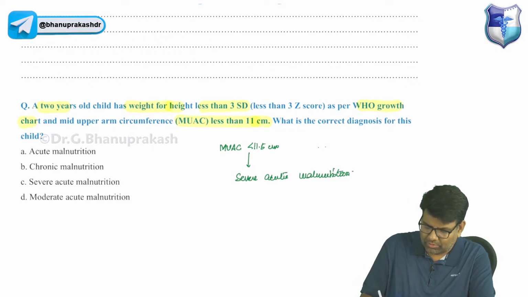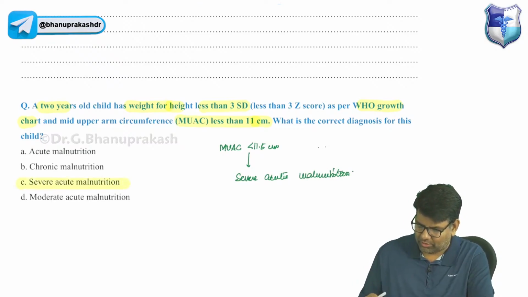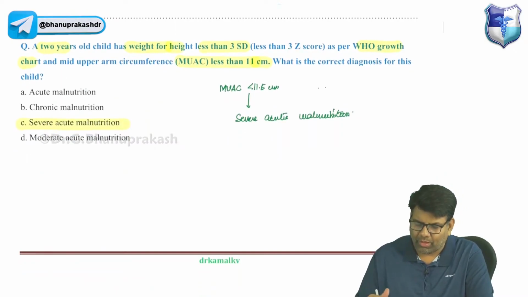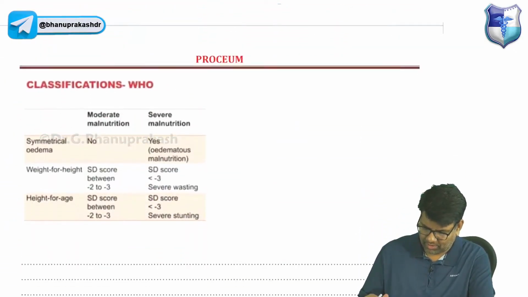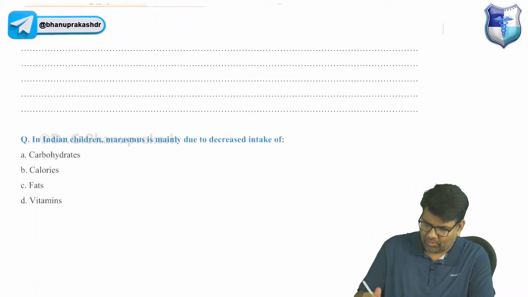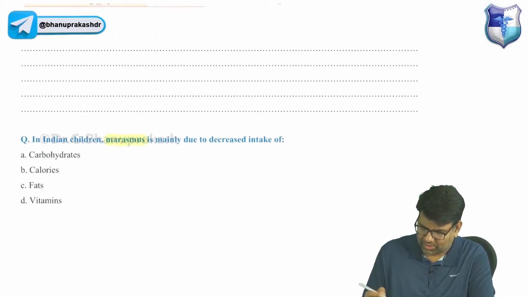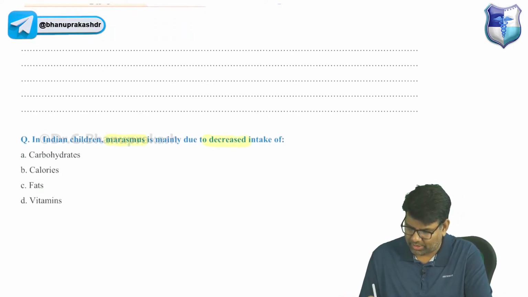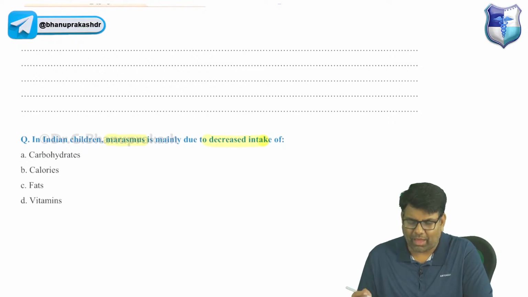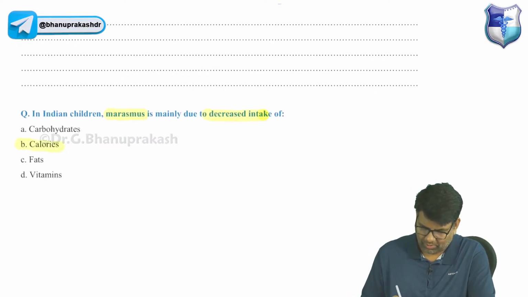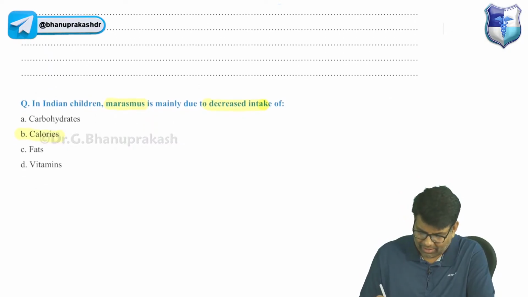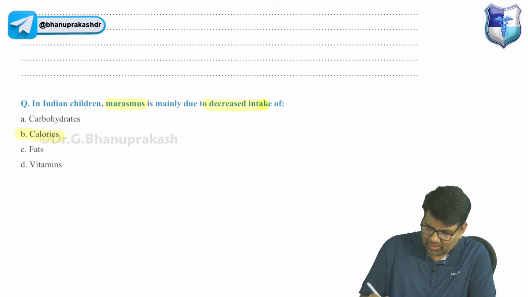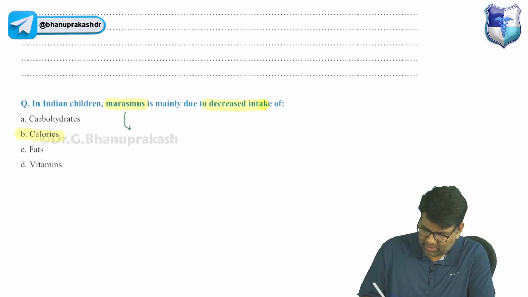So this is severe acute malnutrition. Right. What is the cause for marasmus? Marasmus is because of low intake of, very good, low intake of calories, and the child has an old man look facies.